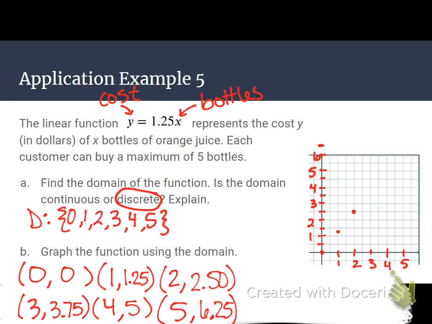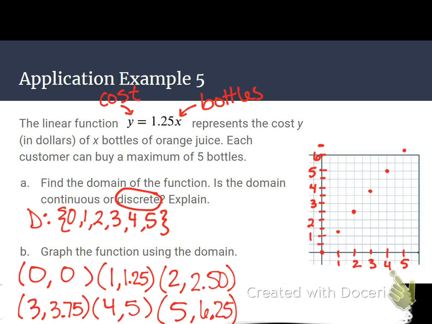That's going to be halfway between $3.50 and $4. 4, 5. That one again pretty easy. And 5, 625 is going to be just a little teeny bit off of our graph.